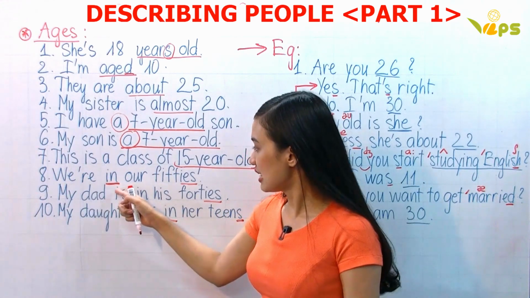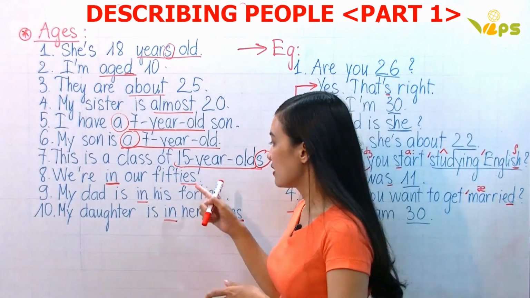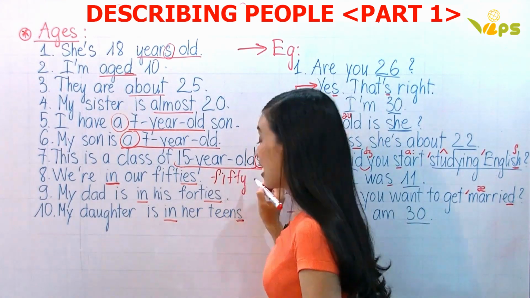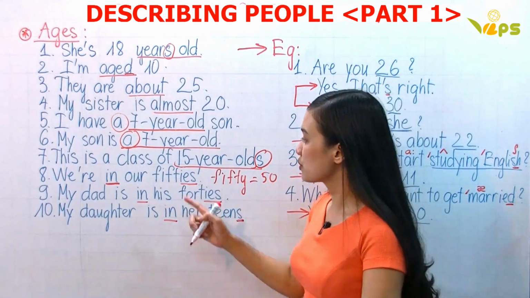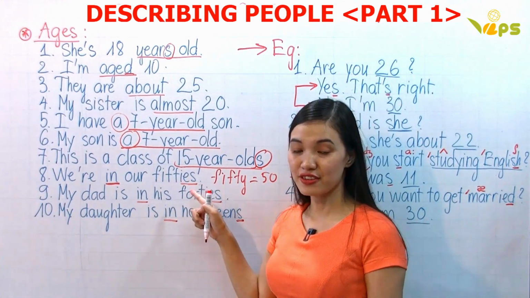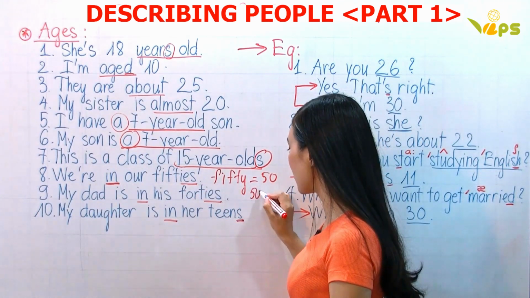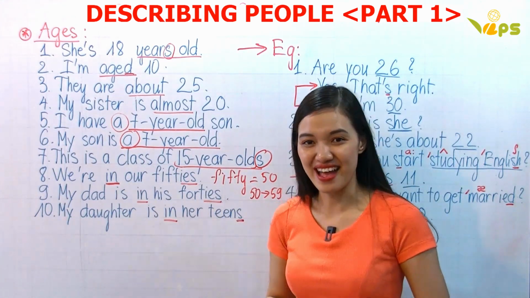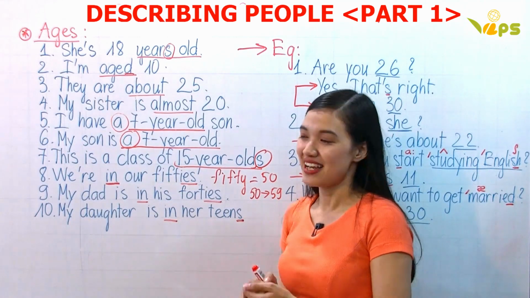We are in our 50s. 50s here, usually we have the word 50. But if you use 50s, the plural form, 50s here means from 50 to 59. Okay, so we are in our 50s.